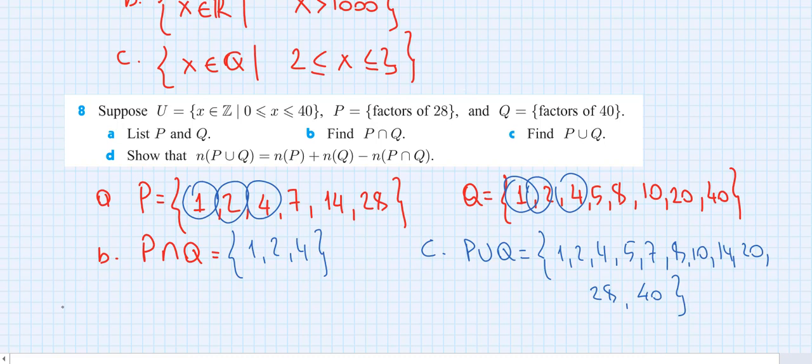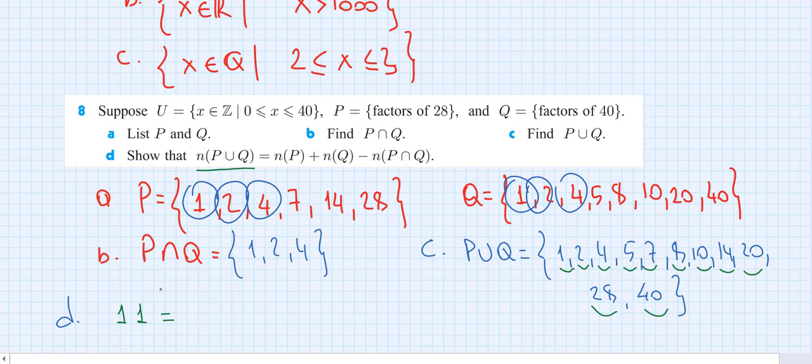And the last but not least, D1, we need to show whether these numbers are correct or not, whether the left-hand side and the right-hand side are equal. These are about the numbers. Let me choose another color. So the left-hand side says the number of P union Q. So how many elements do I have here? 1, 2, 3, 4, 5, 6, 7, 8, 9, 10, and 11. I have 11 numbers there.